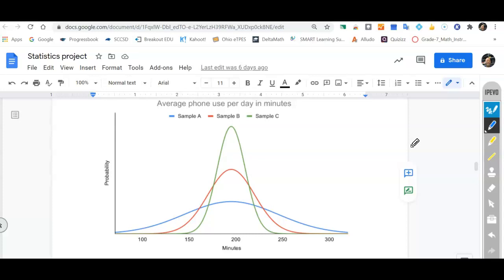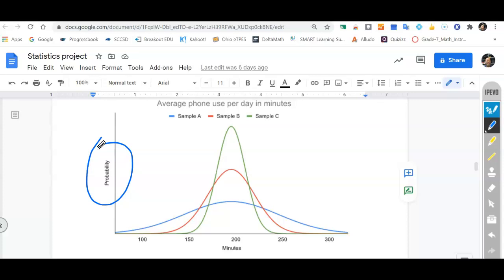Because if we look right here, this is just the probability of their phone usage, right? So the blue one could spend the most, but they could also not use their phone at all. The other 2 people use their phone every day, right?